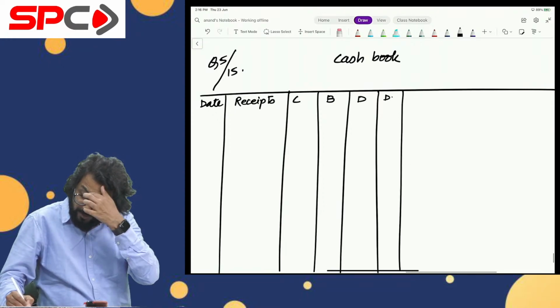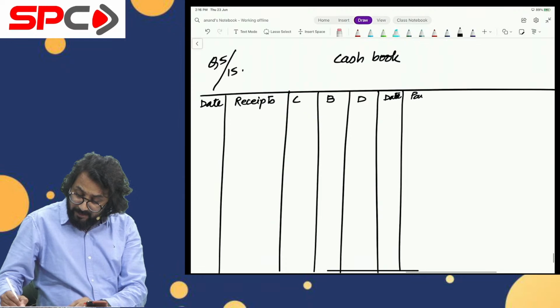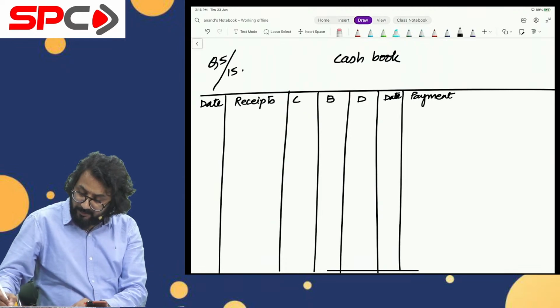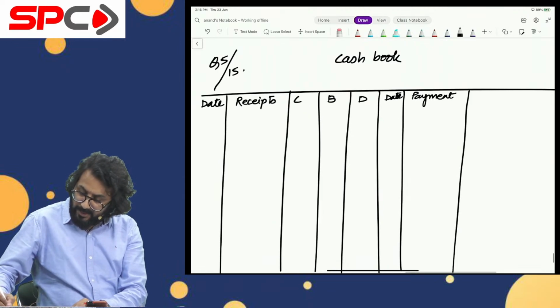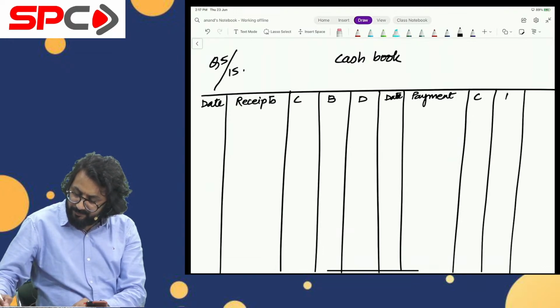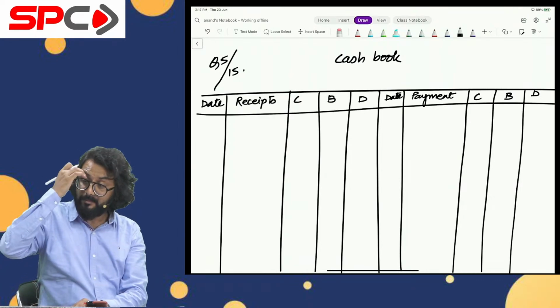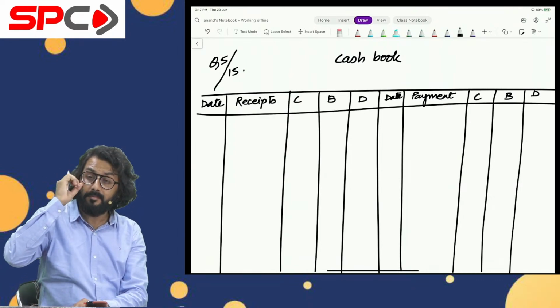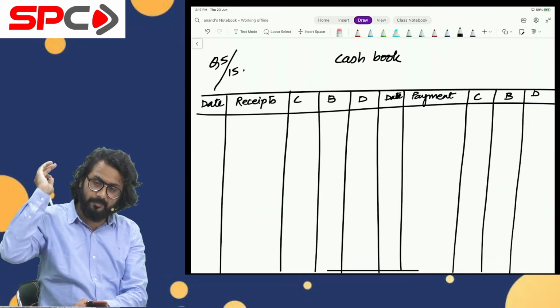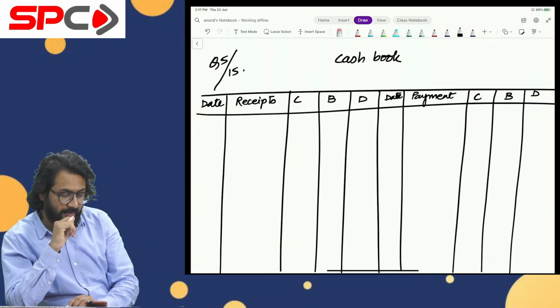Similarly, I'll have something called date, payment. I'll have cash, bank and discount. Is that okay, Pillu? Draw the format.